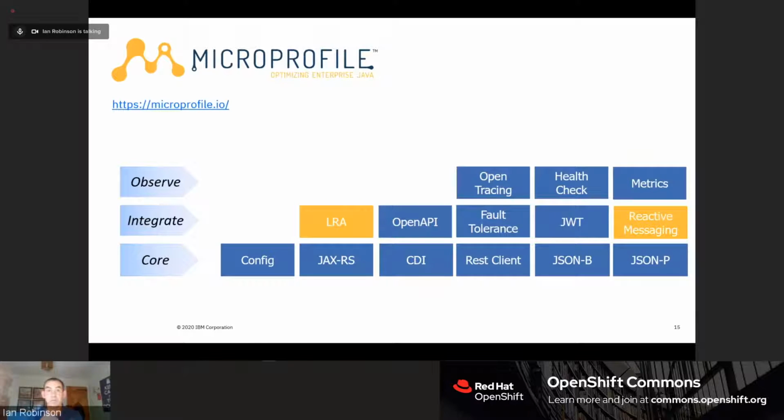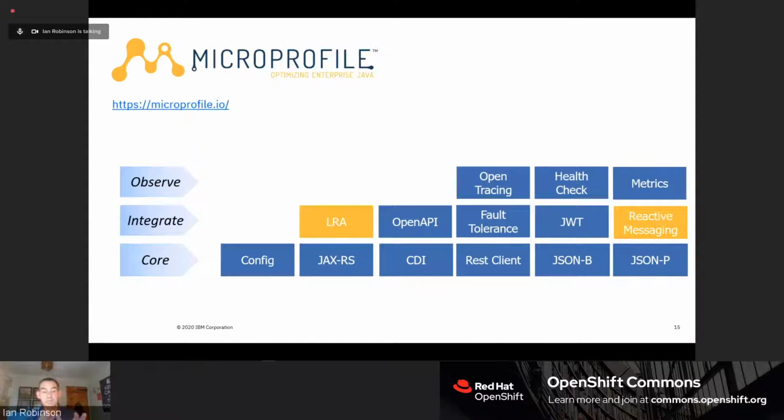IBM and Red Hat have been involved with MicroProfile standards right from the very beginning. We helped create the original standards and the community around MicroProfile. We helped to establish it as an activity in the Eclipse Foundation, and we provide implementations of MicroProfile technologies on our Java stacks, including OpenLiberty, Quarkus, and JBoss.